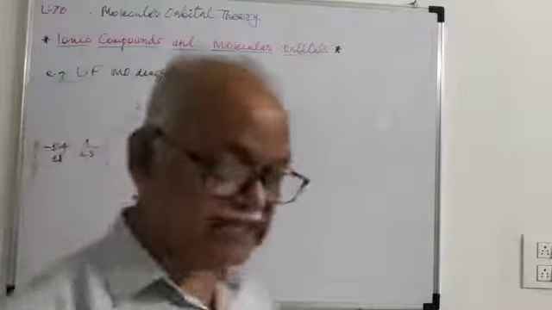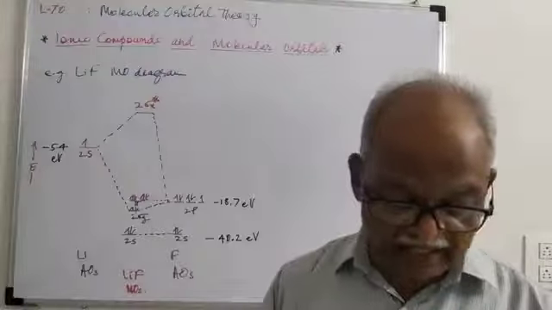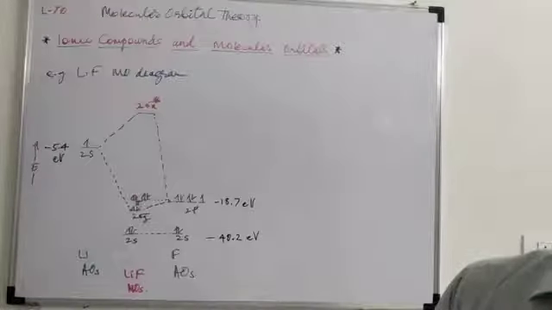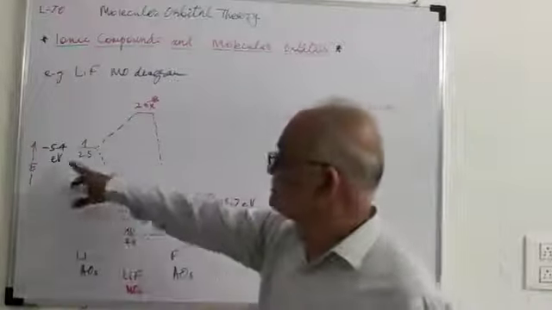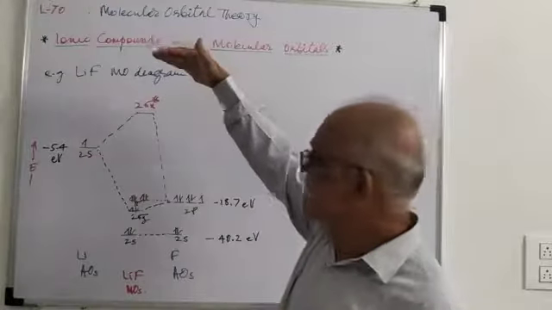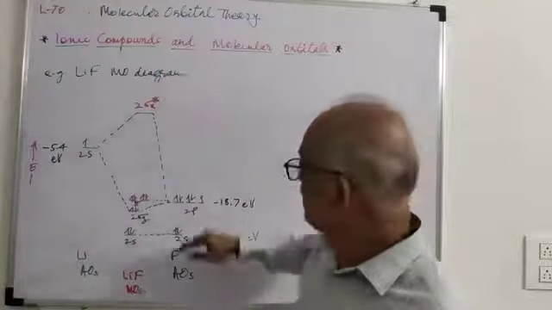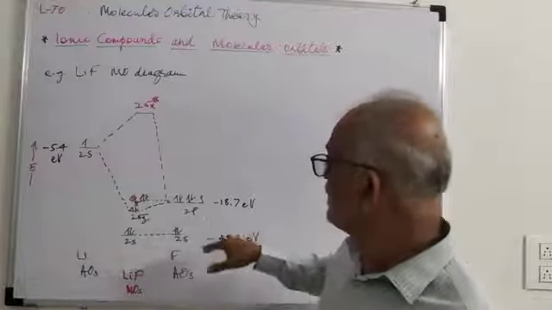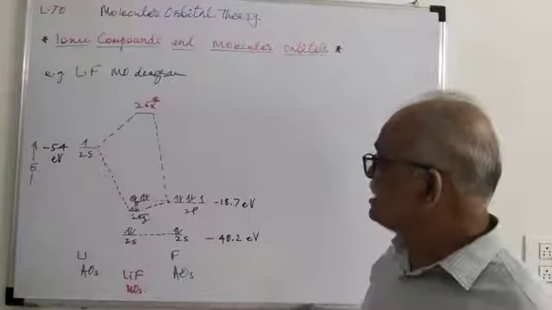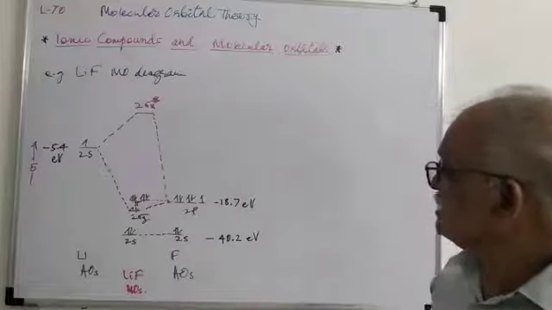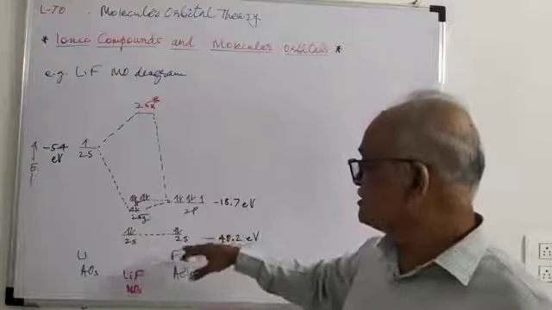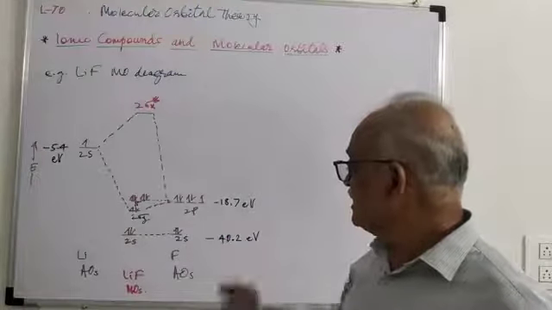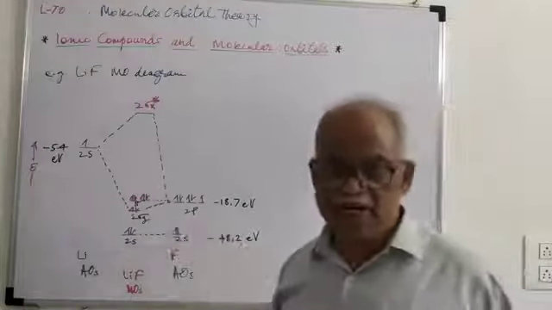So you will find that these are the values of the energy levels, which show that this 2s is at a much higher level and these are at a much lower level. The energy difference between these energy levels also shows that this 2s cannot show any contribution here.